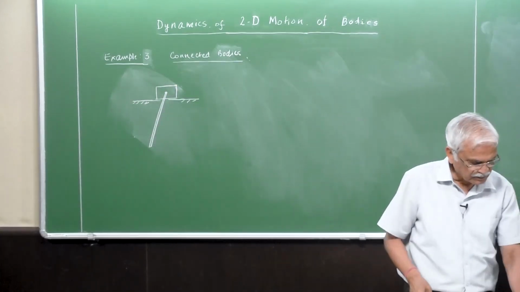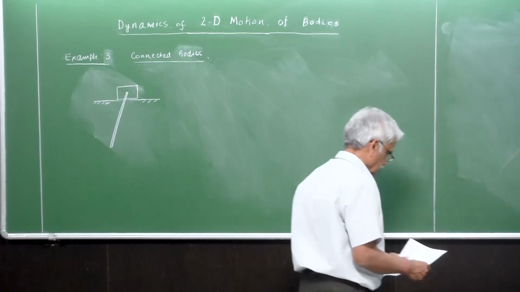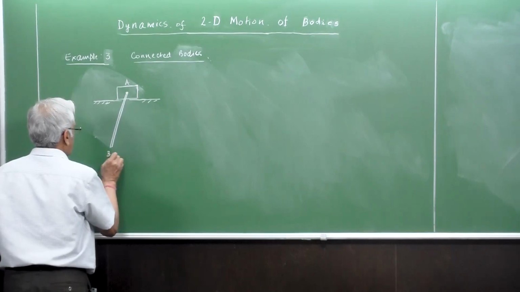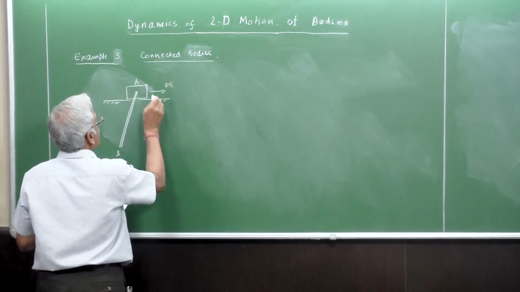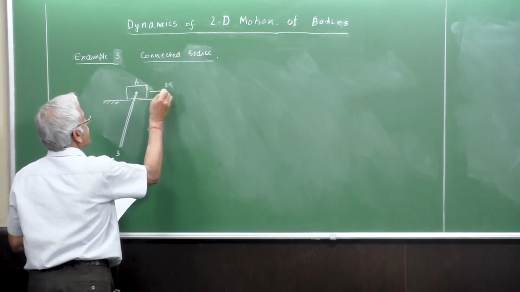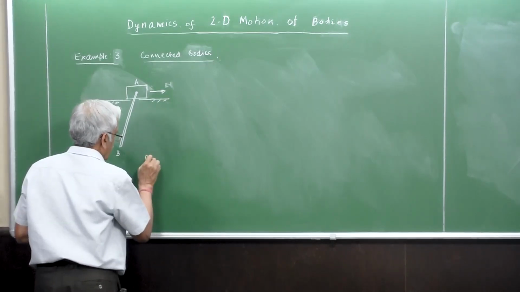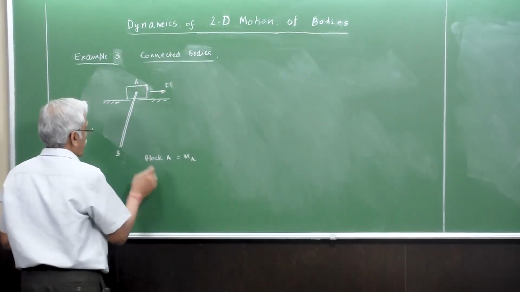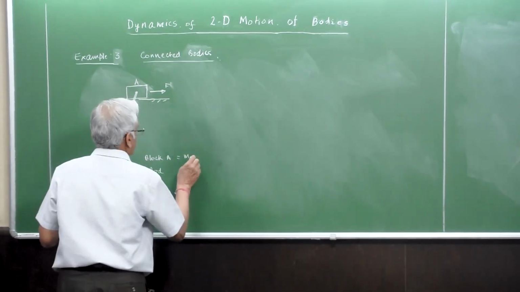So the lengths are... so this is block A, and the force F is applied on the block, and this is block A has a mass, and rod B has, let's say, length l.